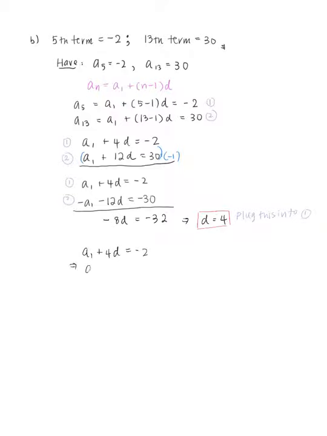So what we're going to get here is a sub 1 plus 4 times 4 equals negative 2. So that implies that our a sub 1 is going to be negative 2 minus 16, so negative 18. So we got our first term and the common difference. And what is next again? Recursive formula. Alright, so let's go with the recursive.